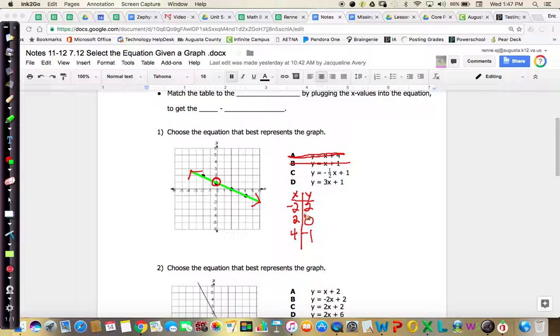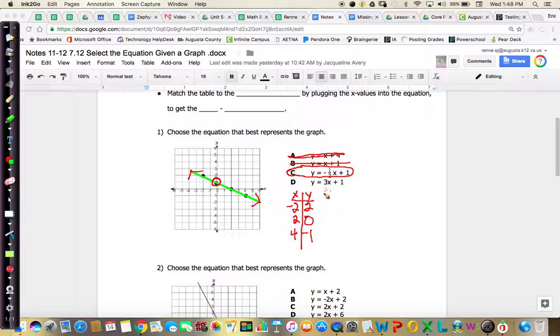Now, half of 2 is 1, but remember the negative, so that makes it -1, and -1 plus 1 is 0. Half of 4 is 2, but remember we're multiplying by -1/2, so that makes it -2, and -2 plus 1 is -1, so it works for each one, and so I circle C.